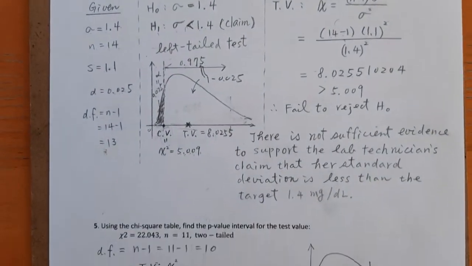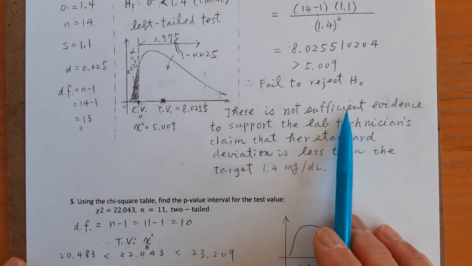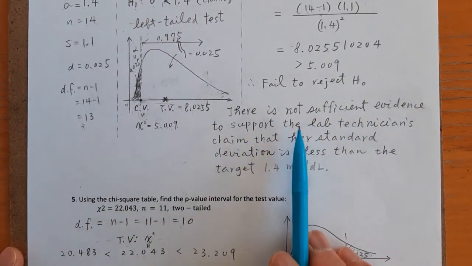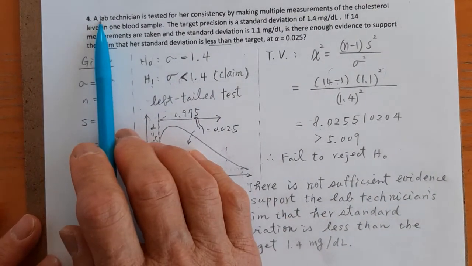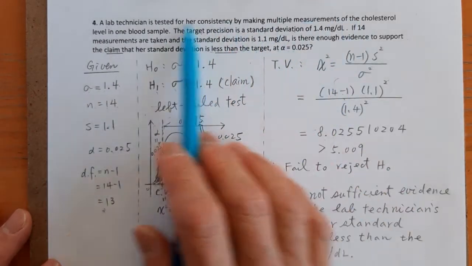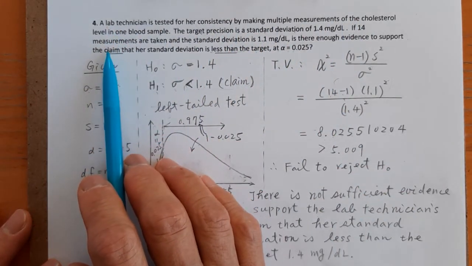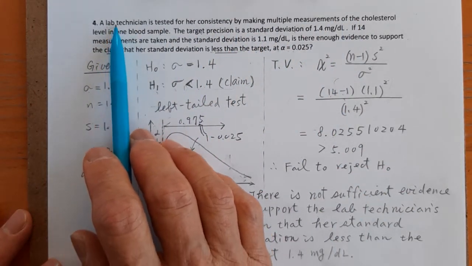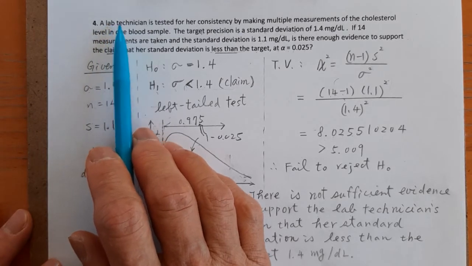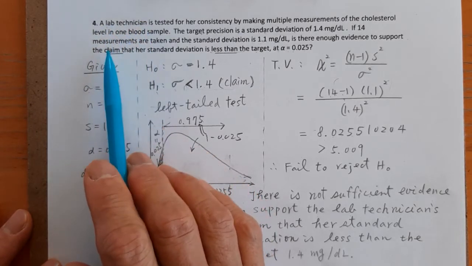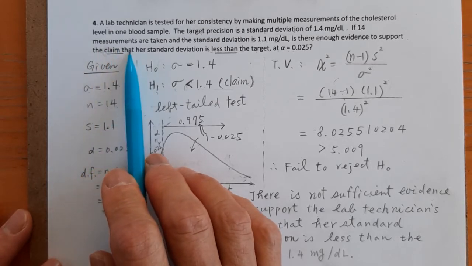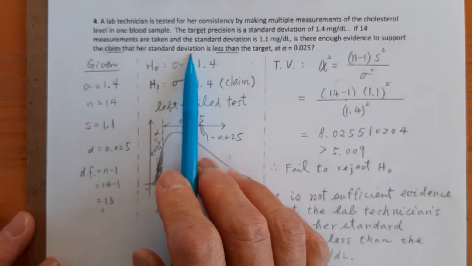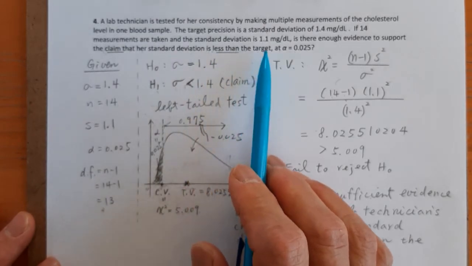So we'll say there is not sufficient evidence to support the lab technician's claim that her standard deviation is less than the target.